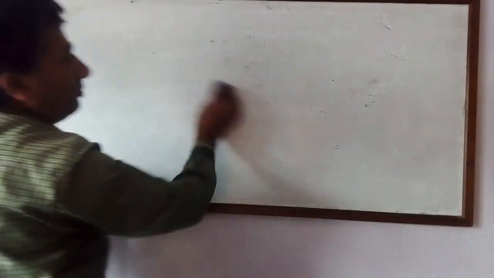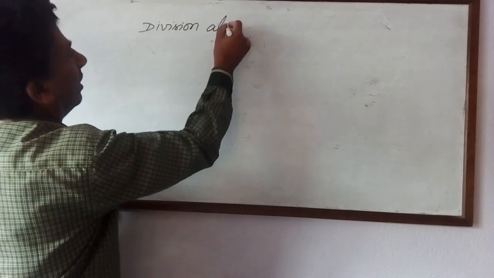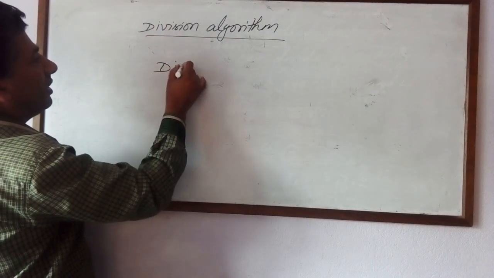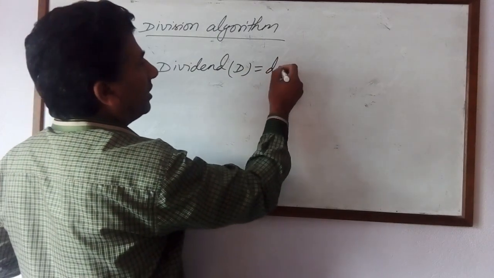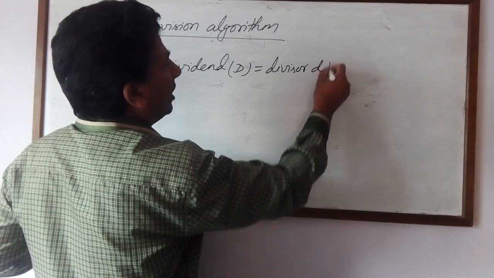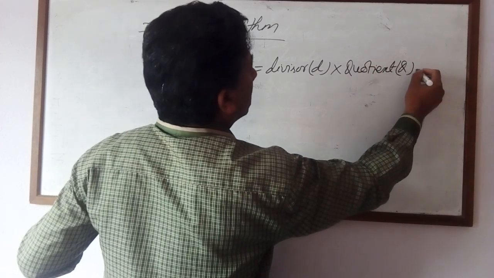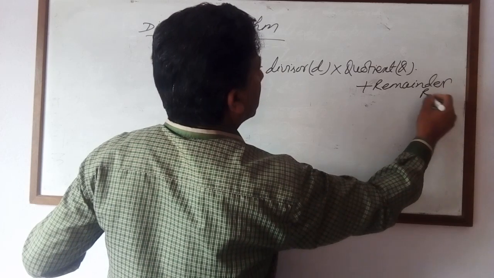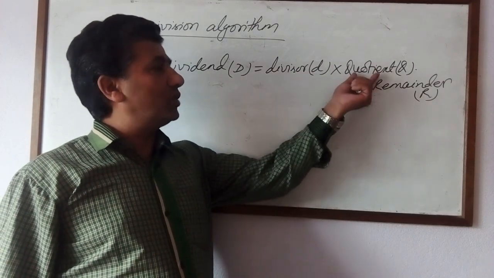In any division of numbers or polynomials, in any division, dividend, capital D, is always equal to divisor, small d, times quotient Q, plus remainder R. Dividend will always be equal to divisor times quotient plus remainder.